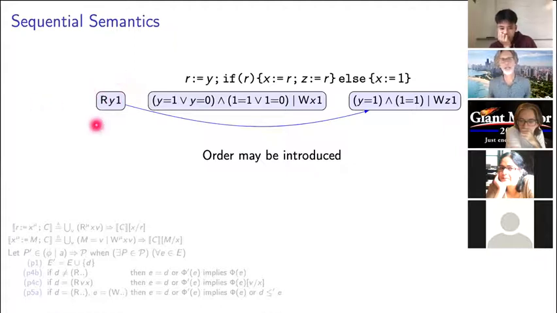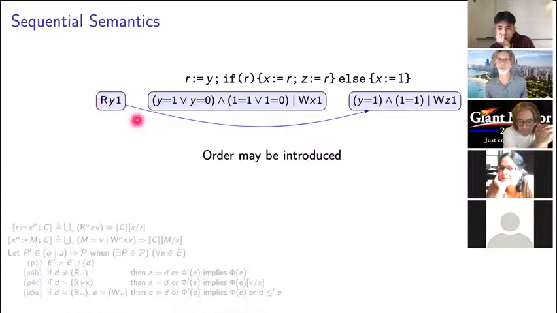When I've got a compatible read, I have this option of introducing order, and that's here on the last line, P5A. There's this possibility of introducing order between the new event and some old event. And when I do that, I can weaken the precondition of this. So note that I either need to preserve the precondition or introduce order.